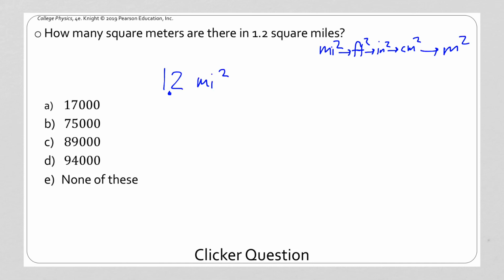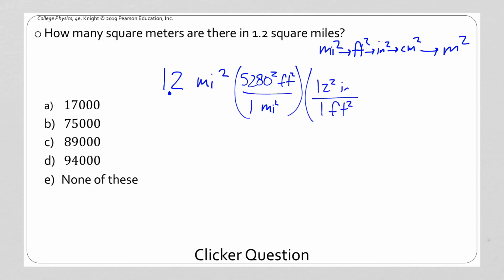So in this case, I have 1.2 square miles, and I can say that 1 mile squared is going to be 5280 squared feet squared. I can say that 1 foot squared is going to be 12 squared inches squared. I can say that 1 inch squared is going to be 2.54 squared centimeters squared.